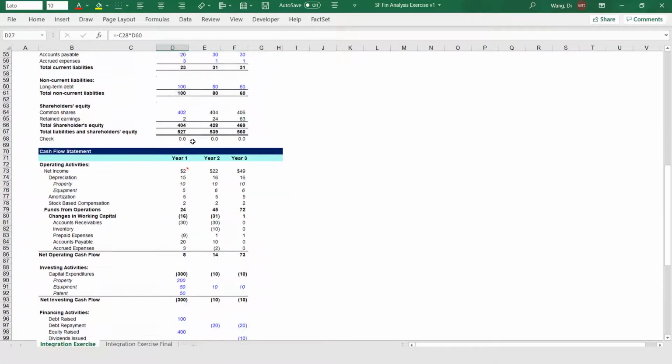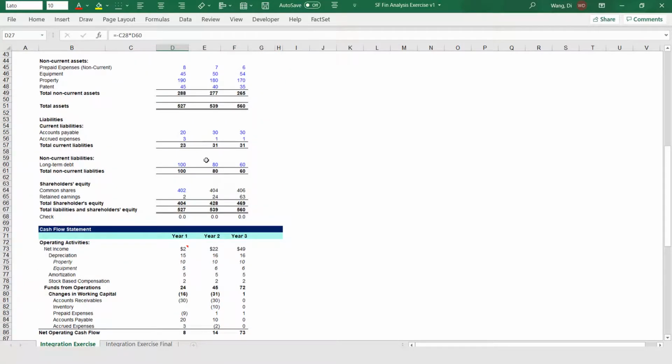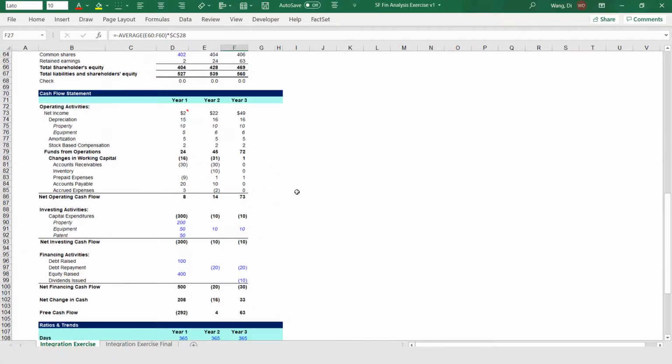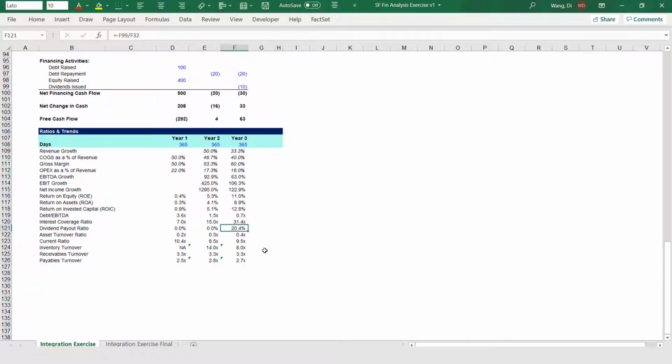And we've also been paying back our debt throughout the years, so at the end of year 3, we only end up paying $2.8 in interest. So the banks are going to be very happy about our debt to EBITDA and our interest coverage ratio, which means that we're able to borrow more or negotiate for better terms.